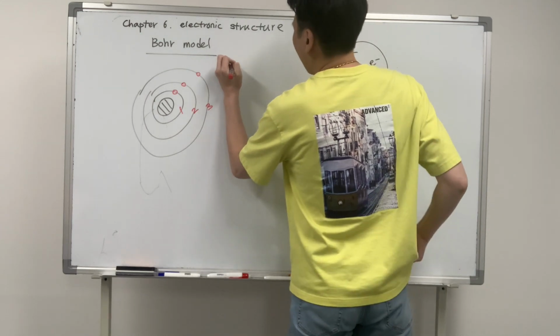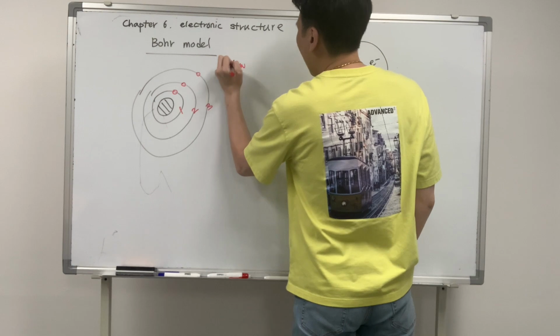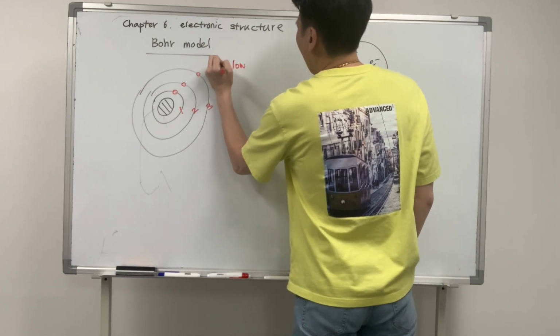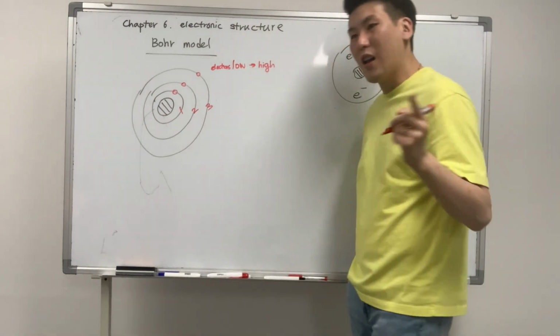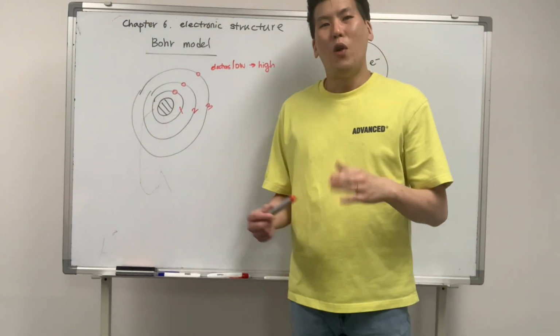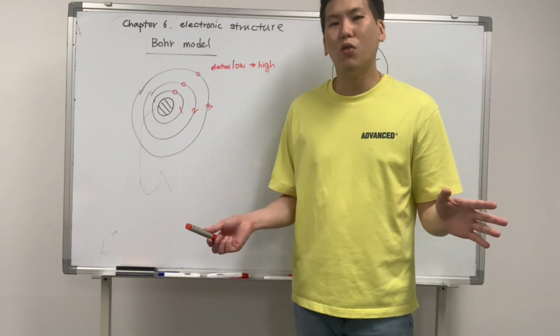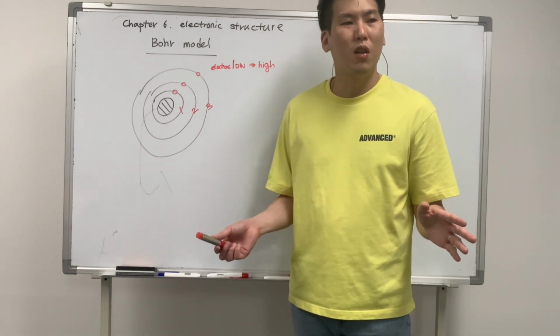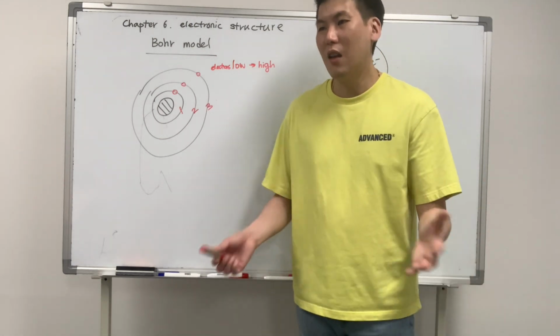When electrons go from a low to a high energy level, think about it. When you're at the first floor and you want to go to the 5th floor, is it hard? Yeah, it's kind of tiresome, right?